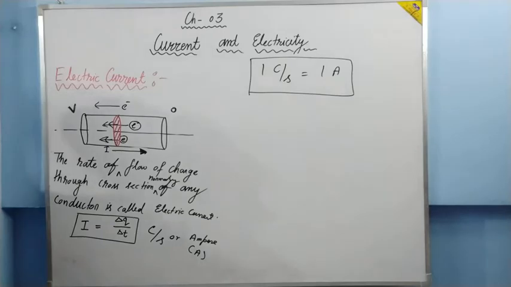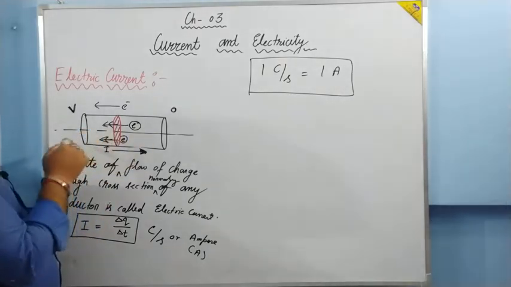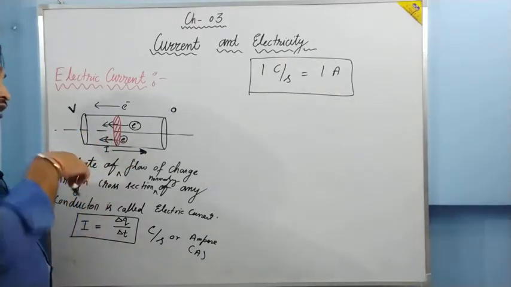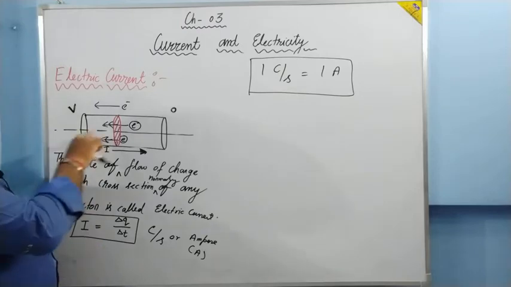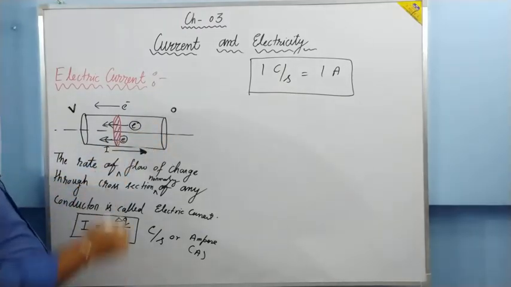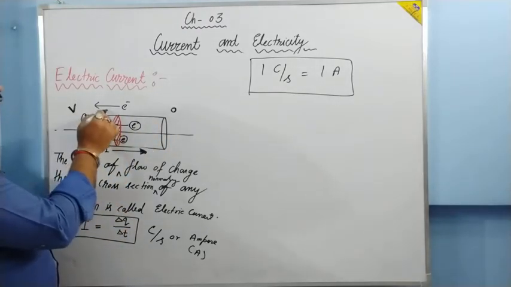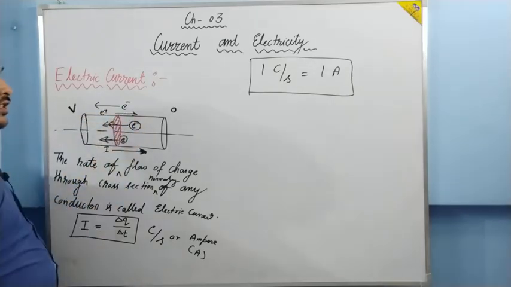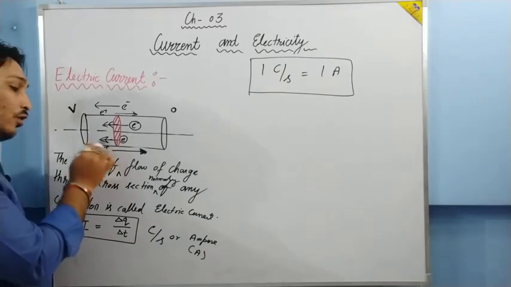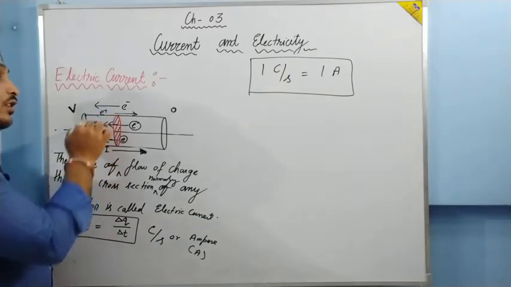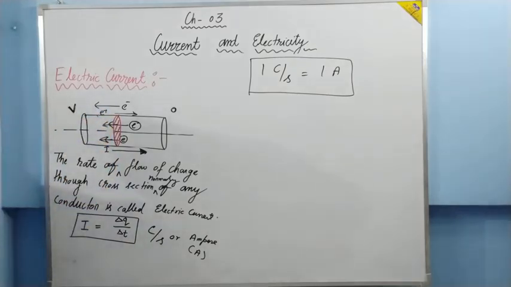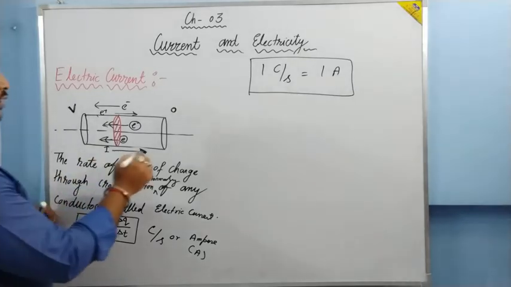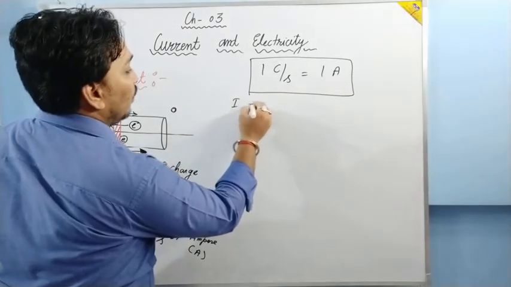If the negative charges are flowing this side, we can say in other words that the positive charges are flowing in the opposite side. They are the same. So the direction of flow of current is assumed in the direction of flow of positive charge. So this current is called conventional current.